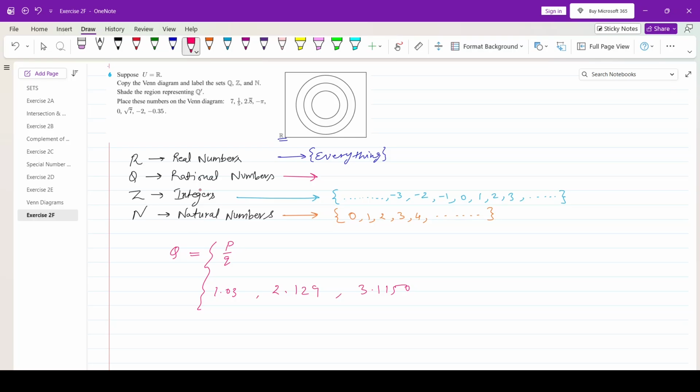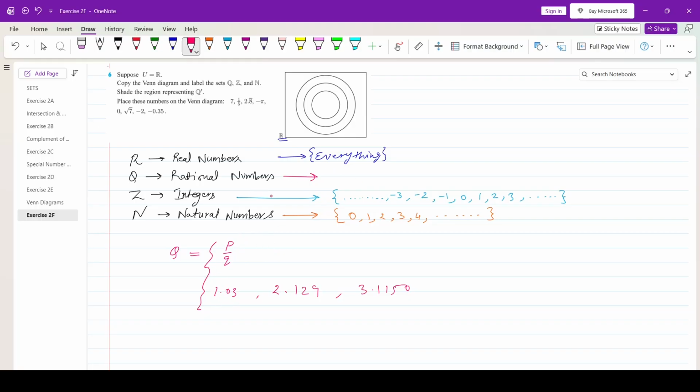Therefore, we can say all the natural numbers and all the integers can be a part of Q. But Q also contains other numbers apart from Z or N, and those numbers will be of these forms, either P by Q or decimal form.